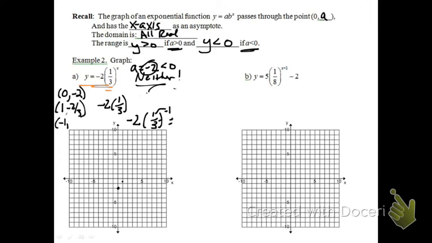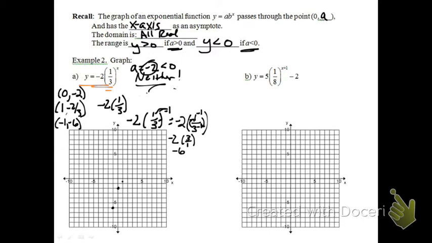Let me analyze this so everybody's clear: we distribute that -1 power to the 1 and the 3, so it's 1 to the -1 and 3 to the -1, which means you have to flip them. So it's -2 times 3/1, which is really just 3, and you get -6. That's a nicer coordinate to plot than if we were to plug in 2. I think if we plugged in 2, we'd get some really small decimals. So here I can plot a nice -6.